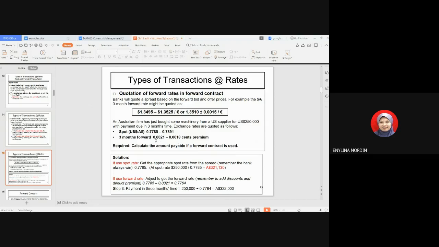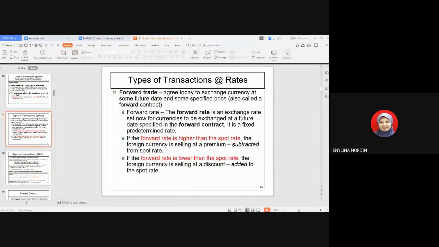There is a premium of 0.0021 to 0.0018 cents. So that means this is the lower premium, this is the higher premium. Okay, right. If it's a premium, you must bear in your mind, like I mentioned here, if it's a premium, it must be subtracted from the spot rate. So we know the current rate.